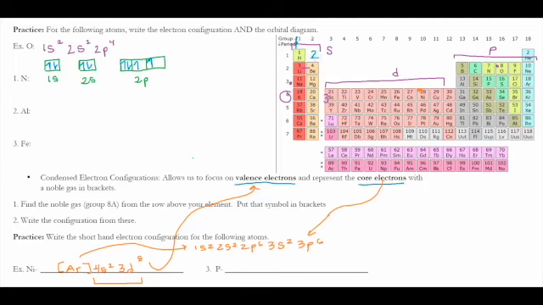This group has 2. This group has 3, 4, 5, 6, 7, and 8 valence electrons. This should ring some bells, because when we're talking about charges, this group has a +1, +2, +3, and then you get to -3, -2, -1, 0.